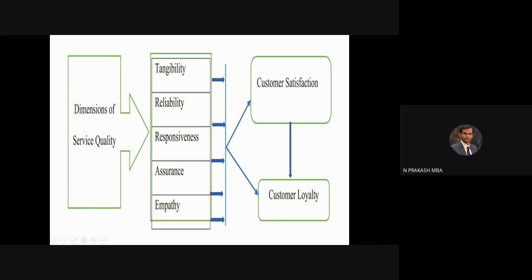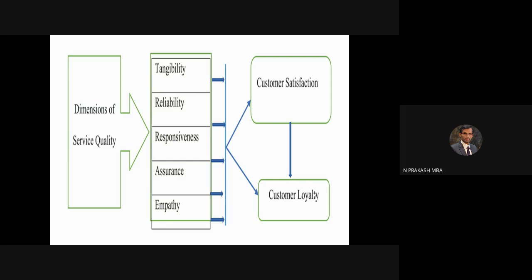Like if you want to do research on examining service quality and its impact on customer satisfaction and customer loyalty, if this is our topic, first we want to identify what are all the dimensions of retail service quality. So here I have listed five different dimensions of service quality. Tangibility is one variable, then reliability, responsiveness, assurance is the fourth variable, and the fifth one is empathy.